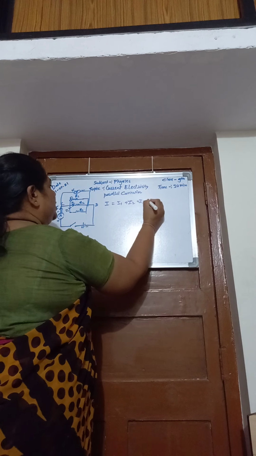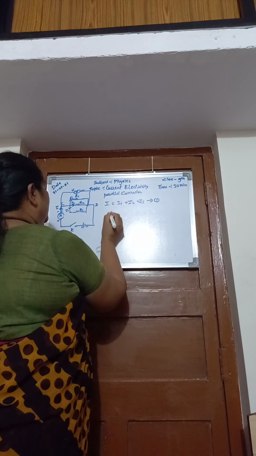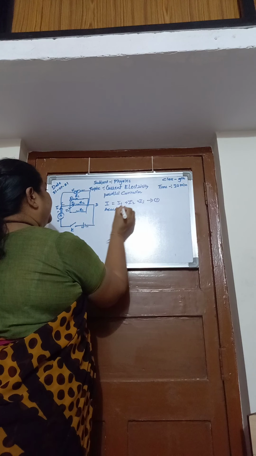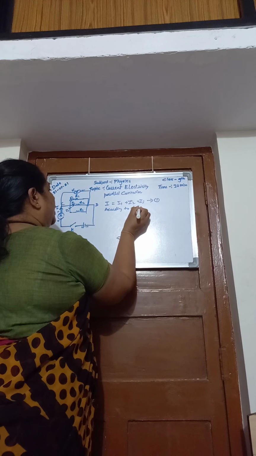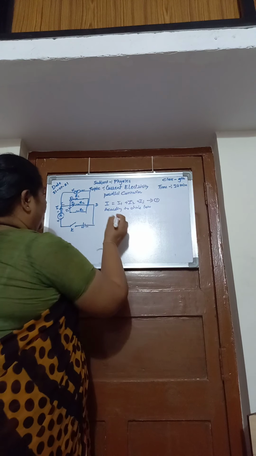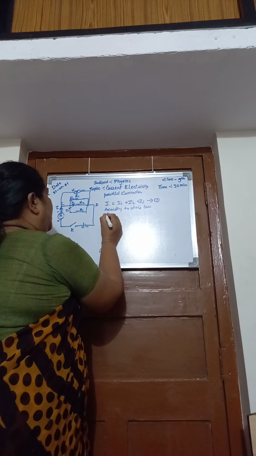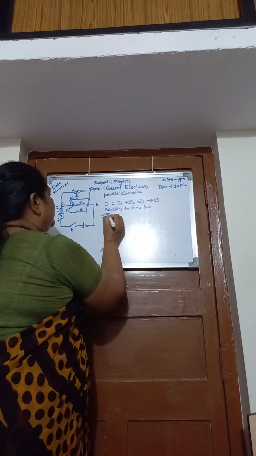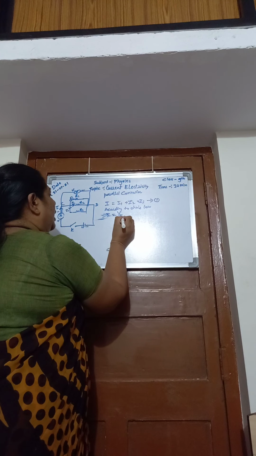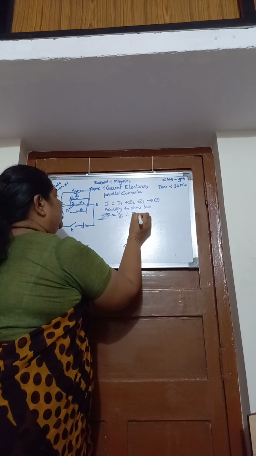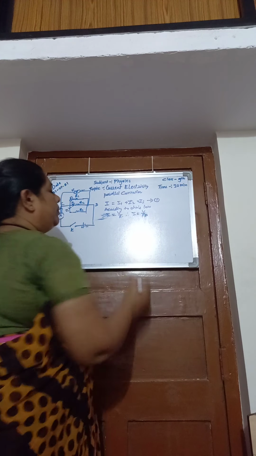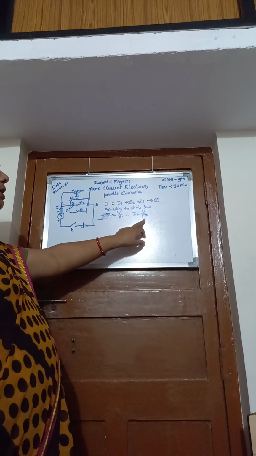Okay, this is equation 1. According to Ohm's law, I equal to V by R. Therefore, I equal to V upon RP, P for parallel.